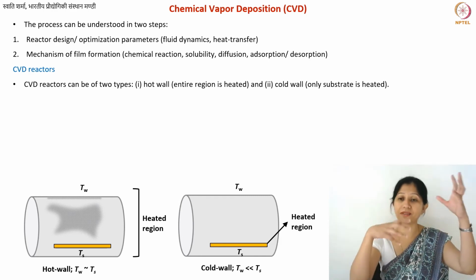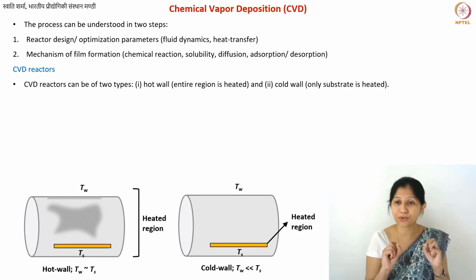Or you can also have the catalyst floating inside your entire chamber. So in the first type, the hot wall reactors, if you need a catalyst, if that support is very important, what you can have is these floating catalyst particles. Often in that case, you will have particles and not a film inside your heated chamber, and then you can get the deposits on the walls of your furnace. Okay, so that is number one.